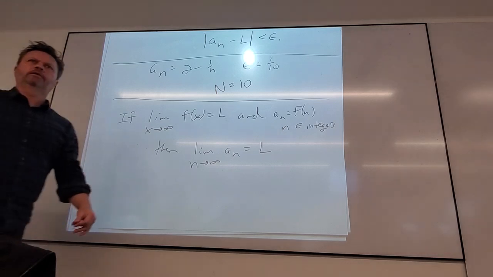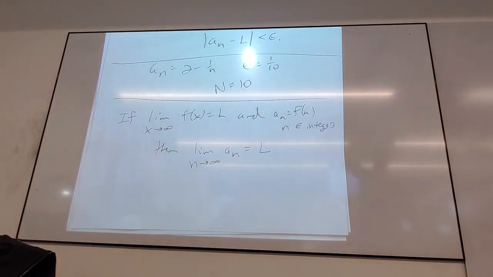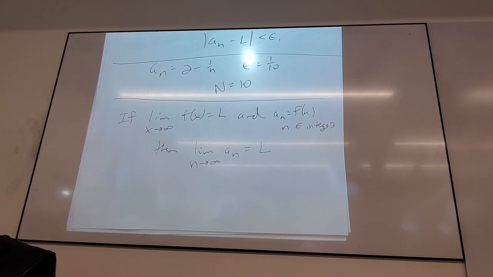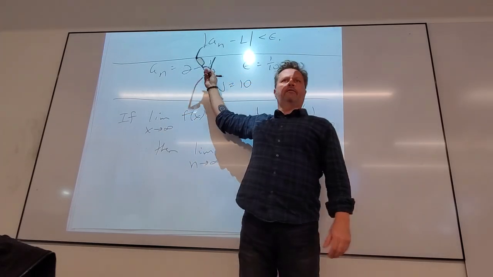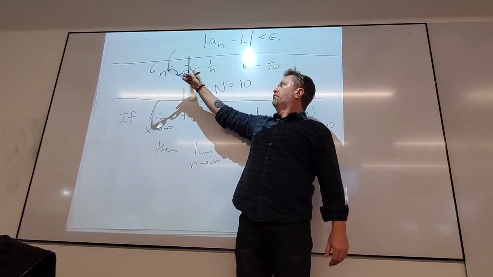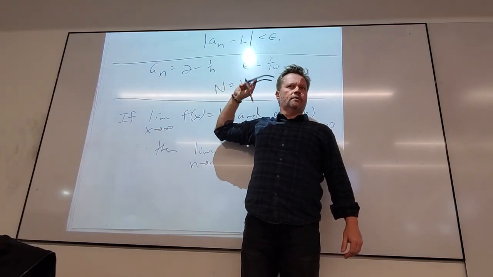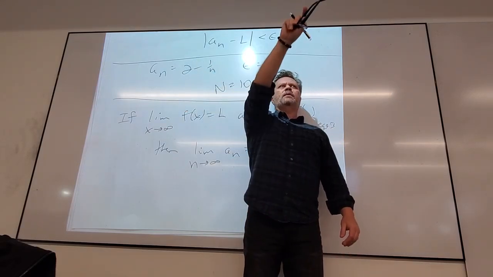Couldn't I say f(x) equals 2 minus 1 over x? Couldn't that be a function that you work with? Isn't a_n just borrowing that function to make sequence elements? It only allows natural number inputs, yes? You guys kind of with me? This is not that big of a deal.